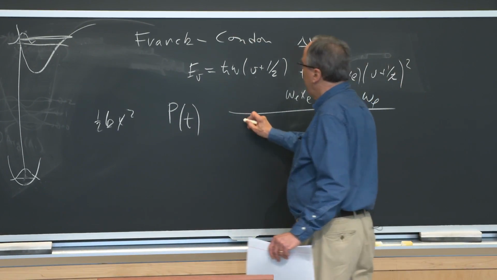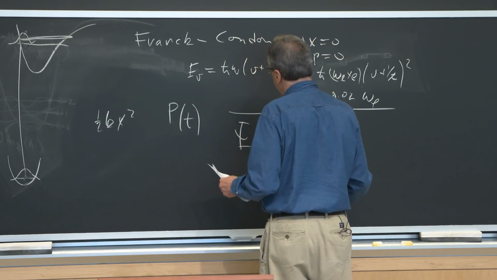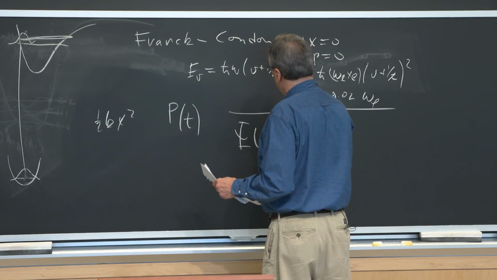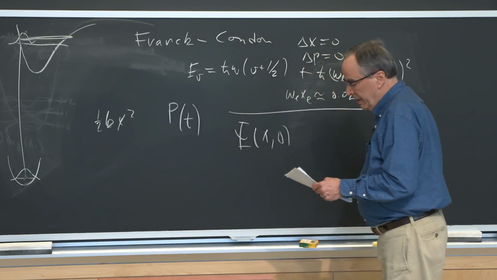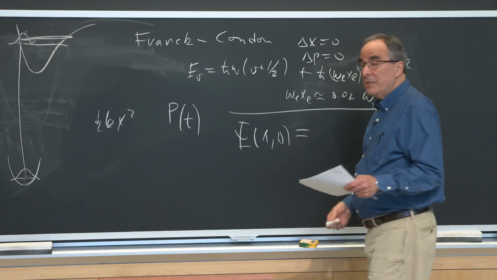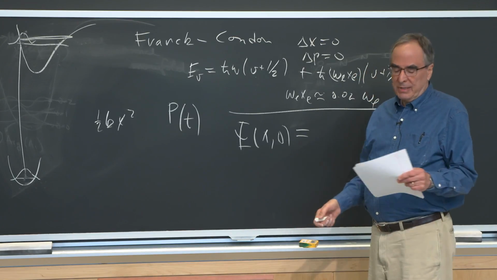So let's just say our superposition state in the electronically excited state is a combination of v equals 10 and v equals 11.